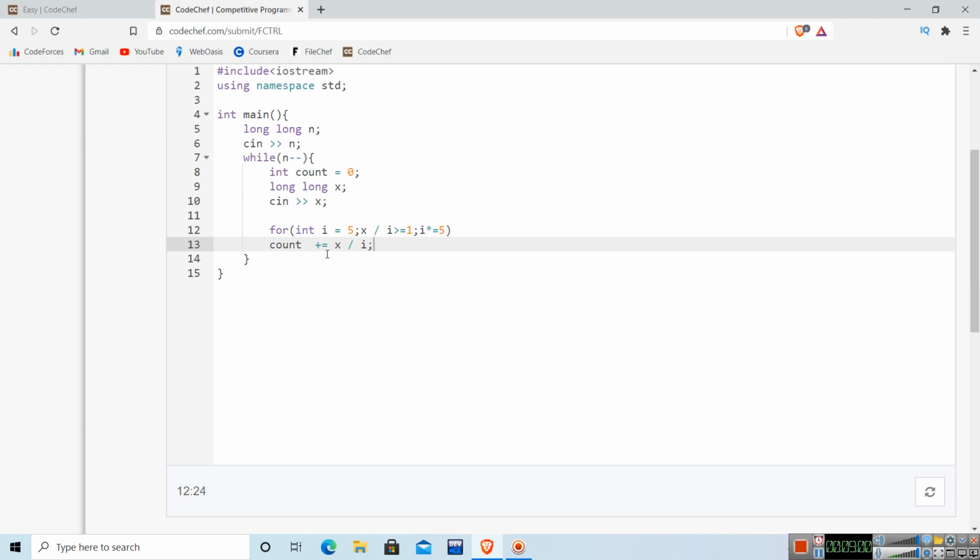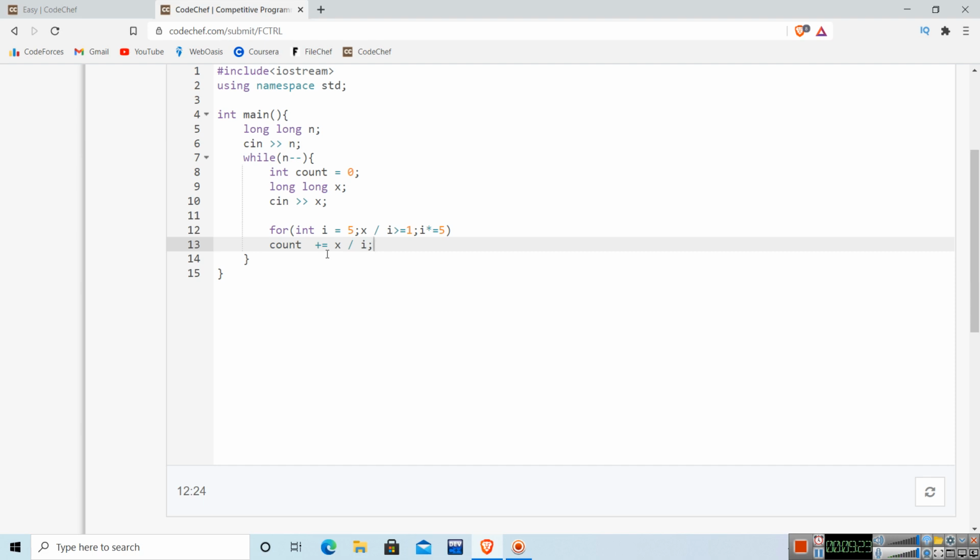Suppose if you take 100, we'll check for 5. Okay, 20, so count will be 20, because we are taking 100 factorial. Then we'll check for 25. 100 by 25 is 4. So 20 plus 4, 24. Count would be 24. And there is no 125 in 100.